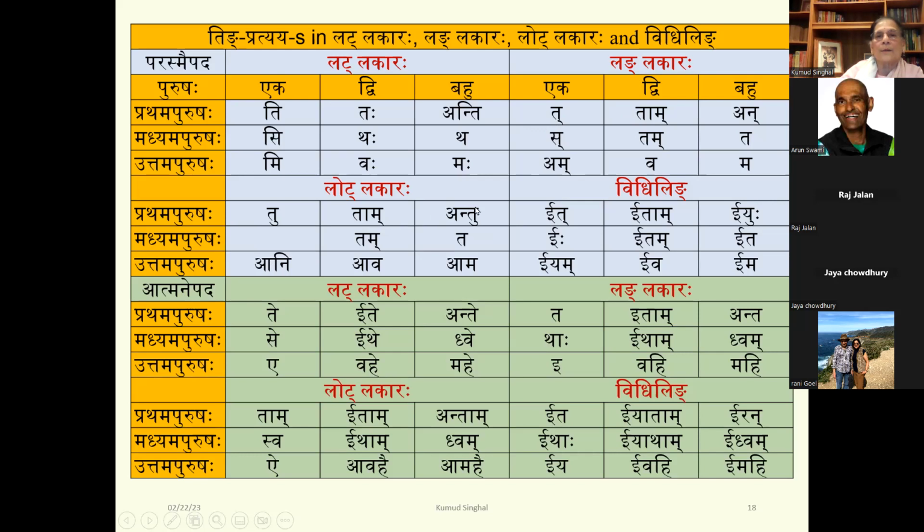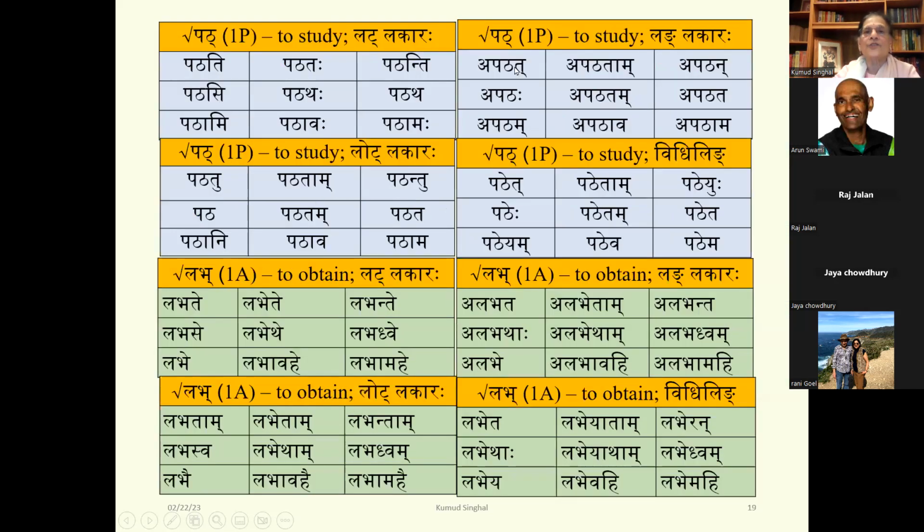These are the verbal suffixes for the parasmai padas, and these are the suffixes for the atmane pada: lat, lang, lot, vidhiling. I think this sheet will come in handy. And then these are the declensions: all the pathati forms, lat, lang, lot, and vidhiling in the parasmai pada dhatu, and the same with the atmane pada dhatu.